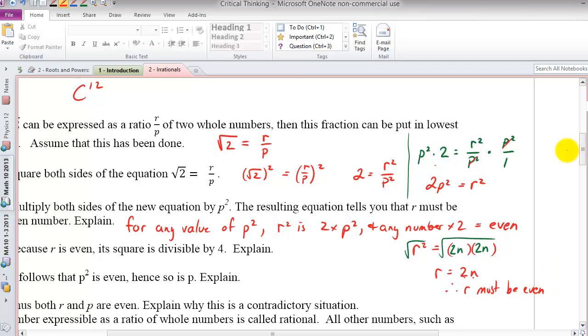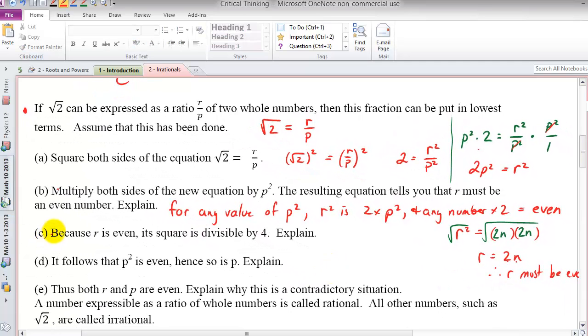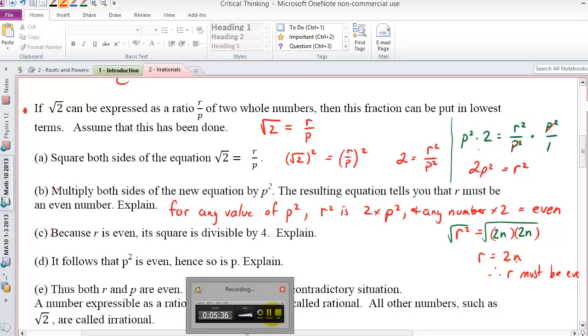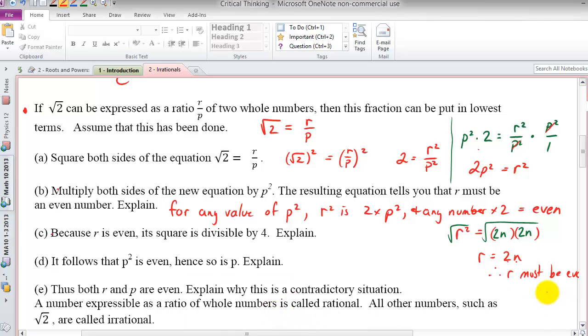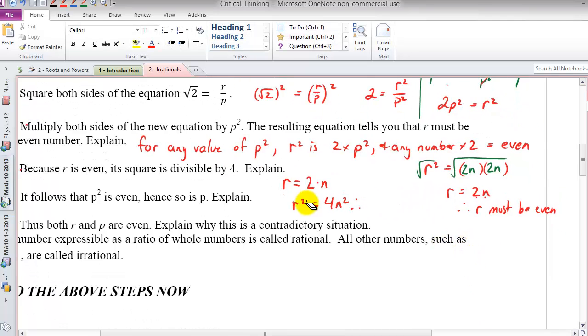Next. Because r is even, its square is divisible by 4. That's kind of the same argument. If r is 2 times n, r squared must be 4 times n squared.